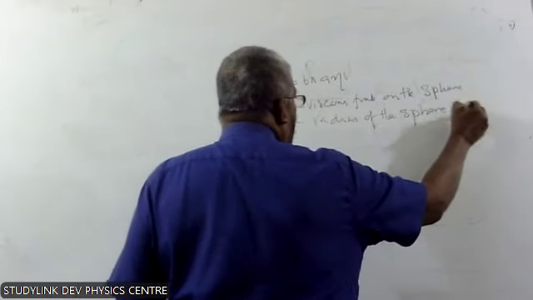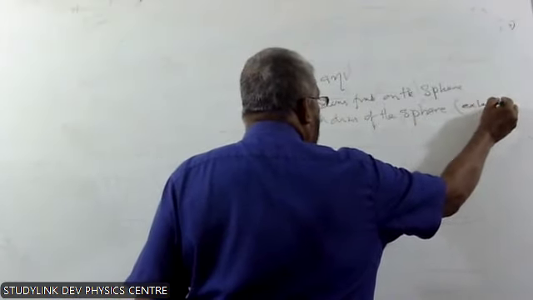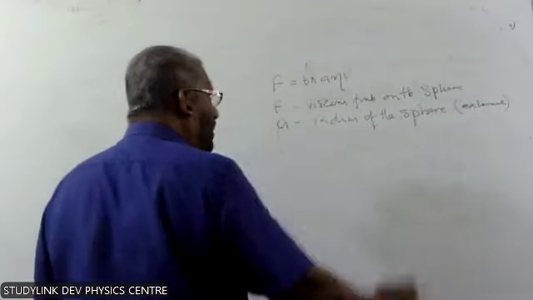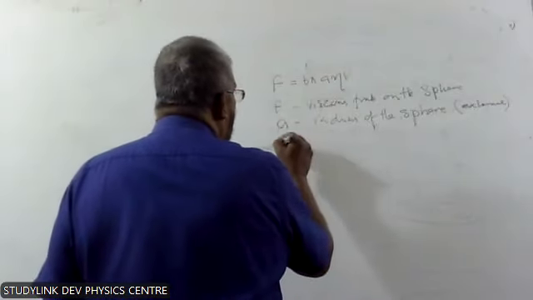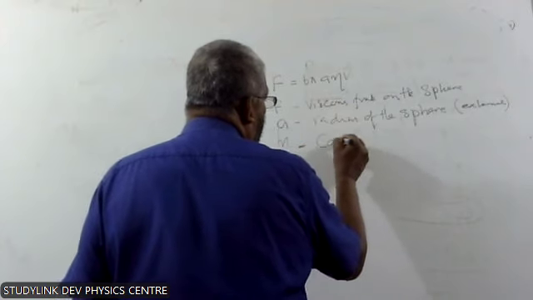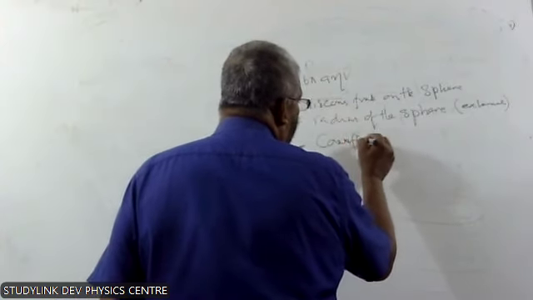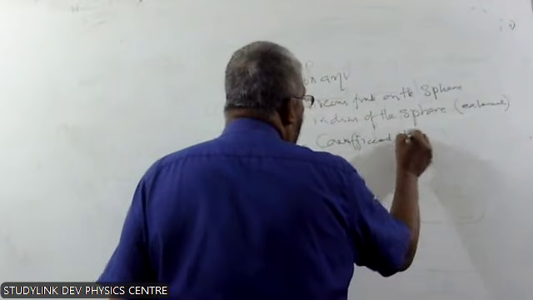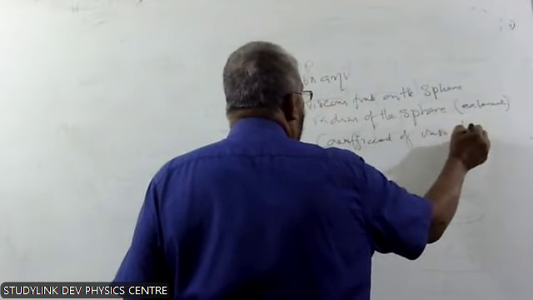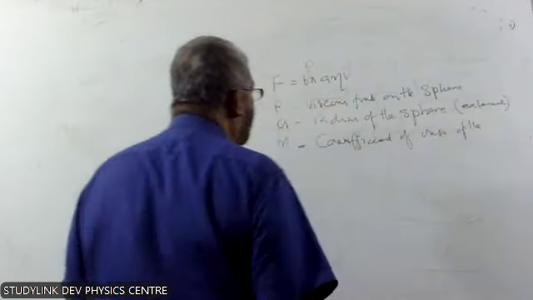Radius of the sphere, if you want, you write external within brackets, because a hollow one is not given, that's not needed, this is enough. Eta, coefficient of viscosity of the liquid.